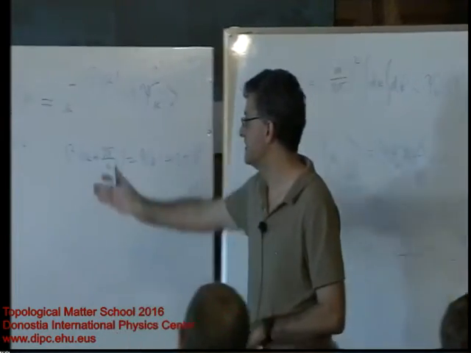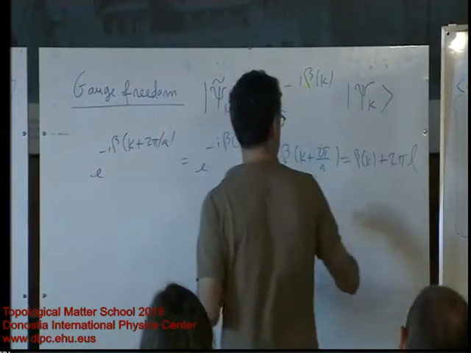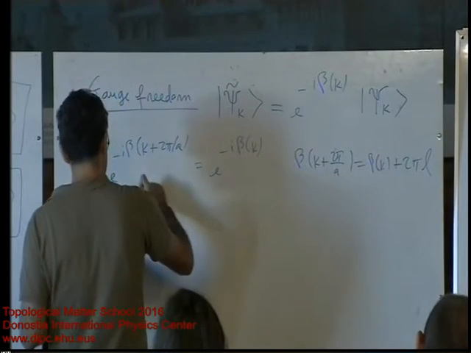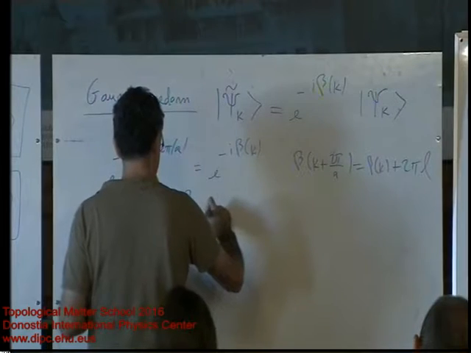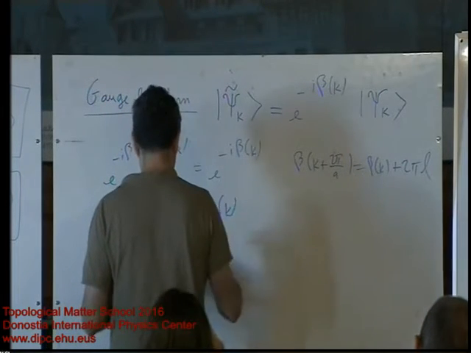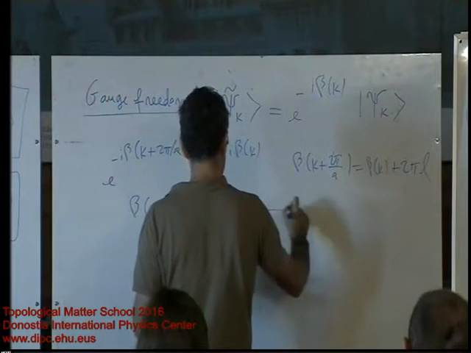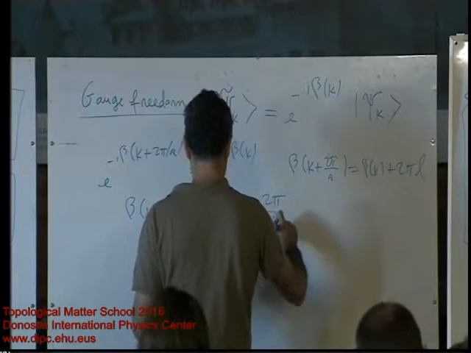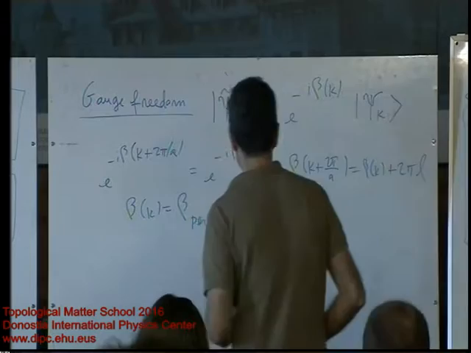It doesn't spoil that relation. So in other words, the most general form for beta is a periodic function plus, I guess, this, right?